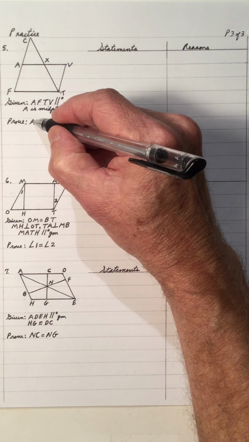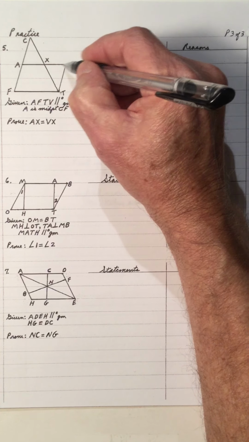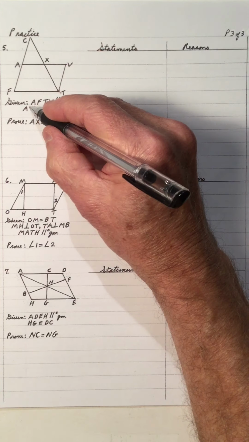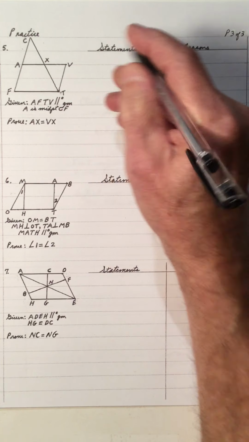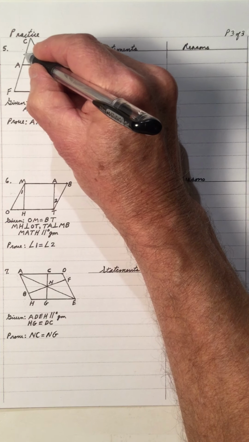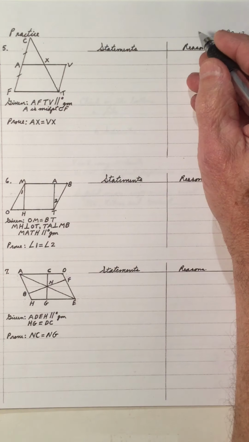I got to prove that AX equals VX. So if A is the midpoint of CF, that means that AC is equal to AF.